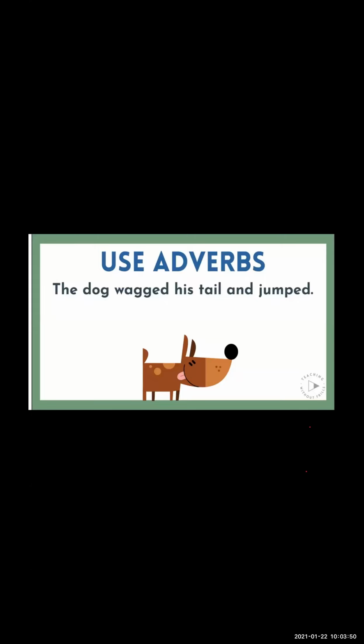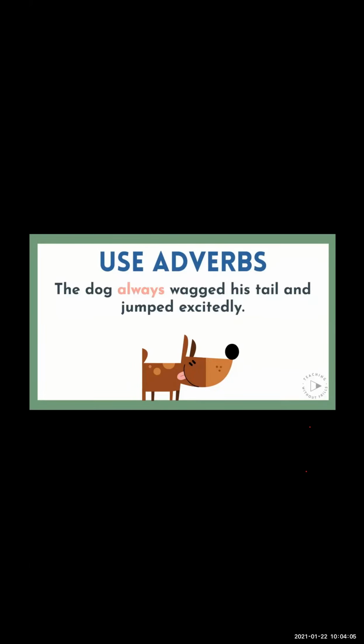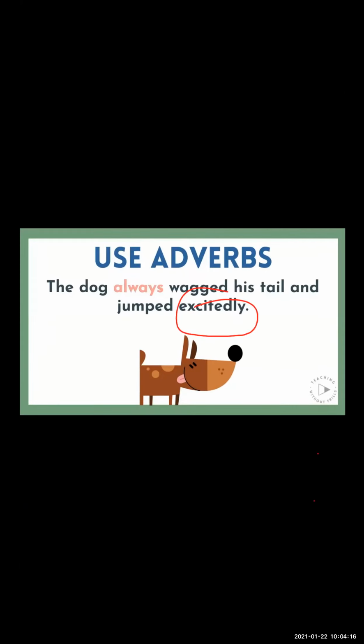Continuously, always, happily. The dog wagged his tail and jumped happily. Yes or no? So many adverbs we can add to this sentence. The dog always wagged his tail and jumped excitedly. Which adverb I have added now? Excitedly, happily, excitedly. To what extent he was happy? Excitedly. Okay.